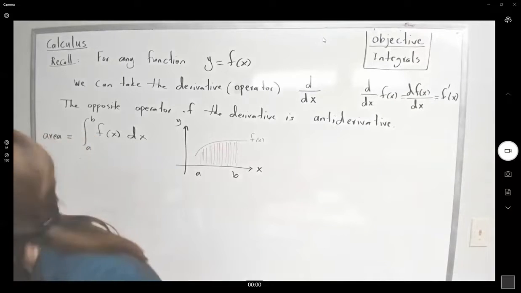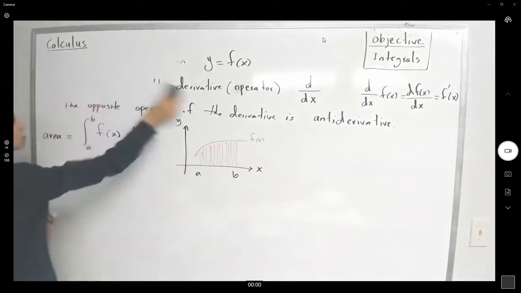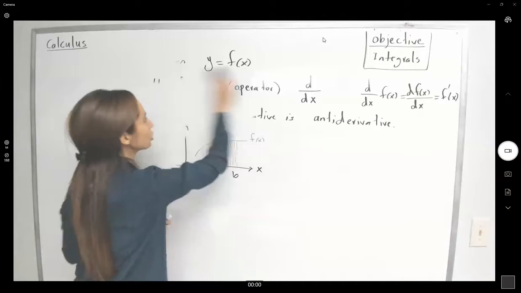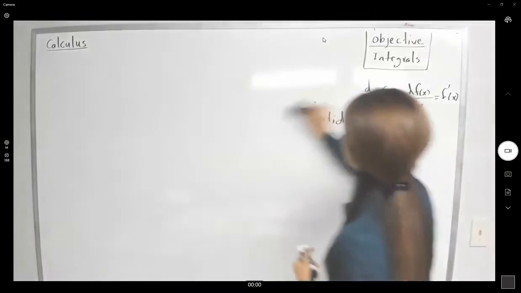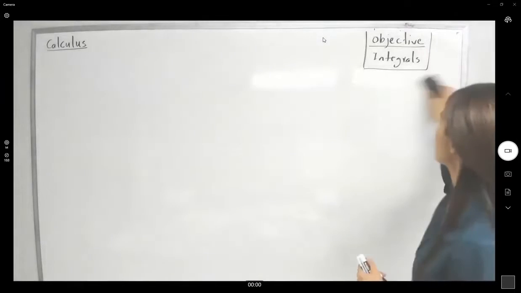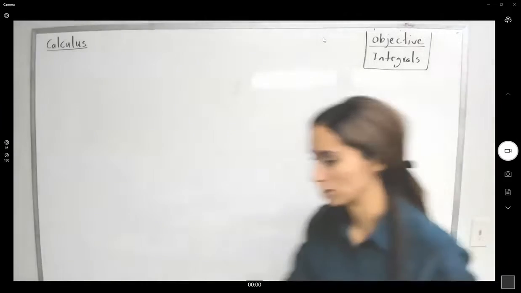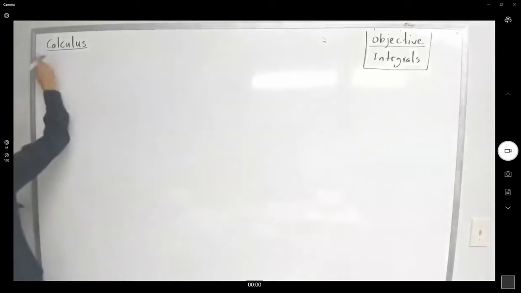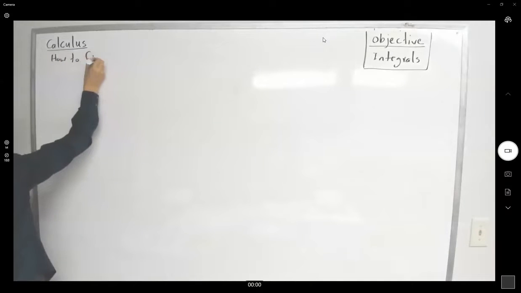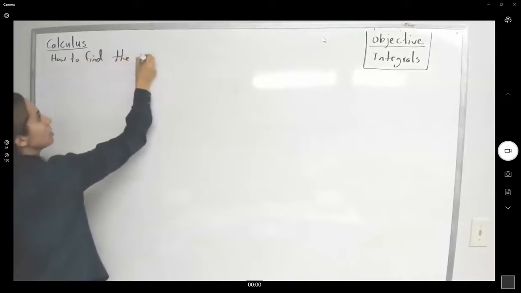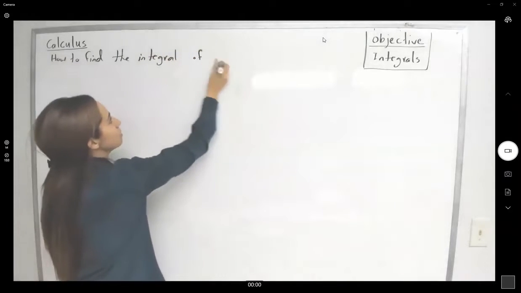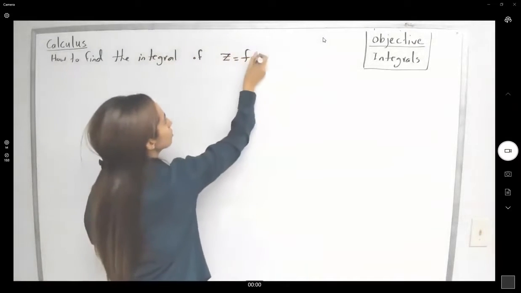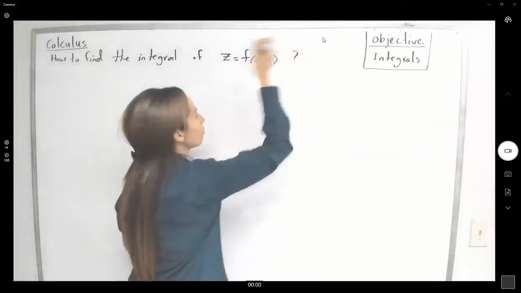Very well. So now that we are in multivariable calculus, we have functions in more than one free variable. We're interested in finding the integral or antiderivative of those functions. So now, how to find the integral of a function like z equals f of x and y?